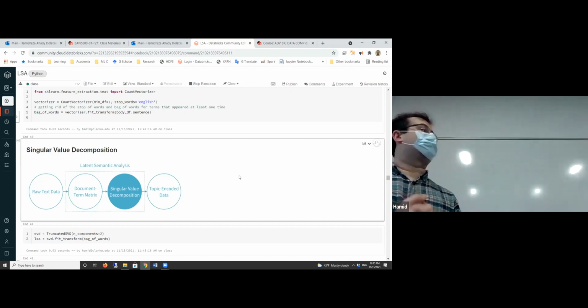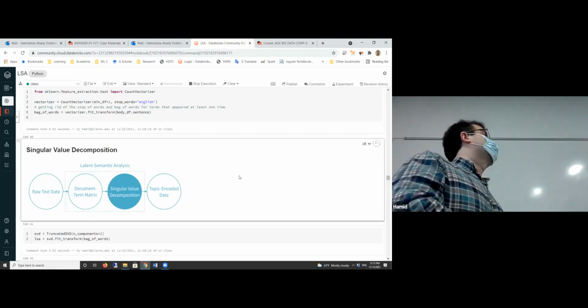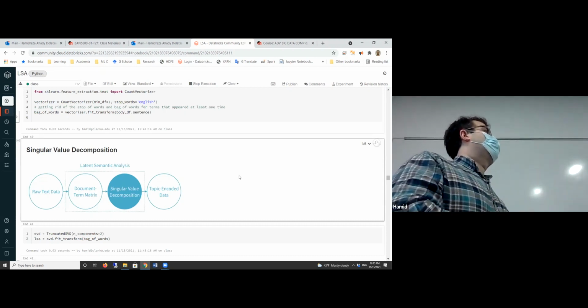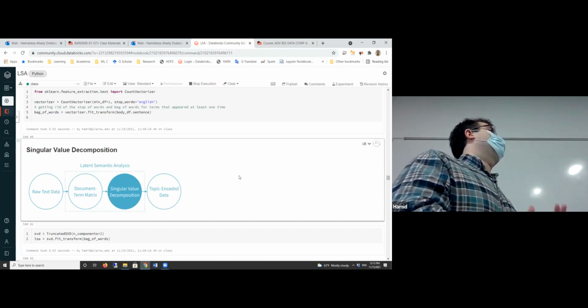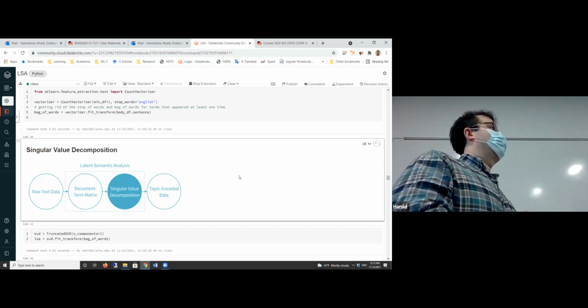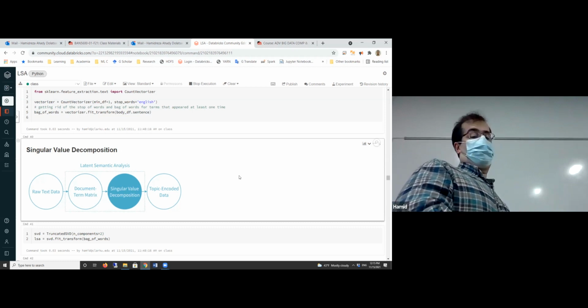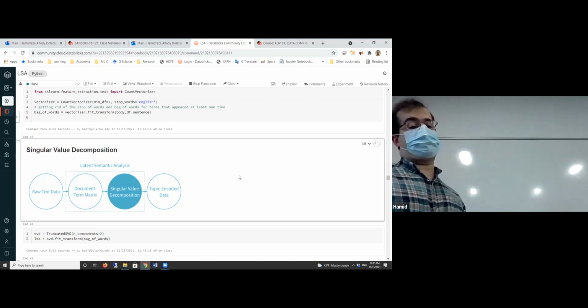So far we brought a sample data frame consisting of sentences from different books. We tokenized it, and also we got rid of stop words. Let's try singular value decomposition, or SVD.